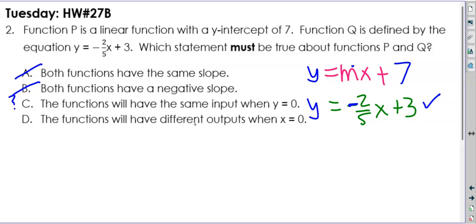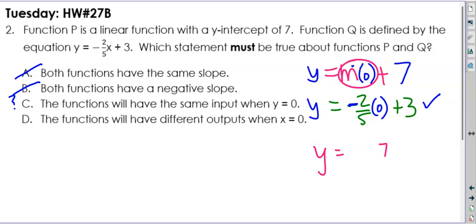The functions will have different outputs when x is 0. Okay, I'm going to erase and replace this with 0. When I do that, I can rewrite these sentences because there's some math I can do here. m times 0 is 0, and 0 plus 7 is just 7.